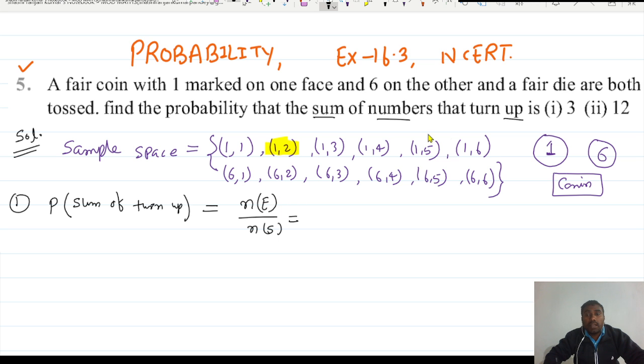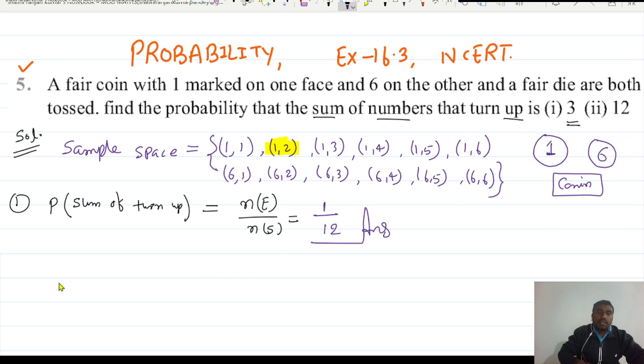The event we have taken is that the sum of the outcomes is 3. So only one outcome is in favor, the one where the sum makes 3. The number of favorable outcomes is 1, and the total is 12. So the answer is 1 upon 12. This is the probability of the first part.